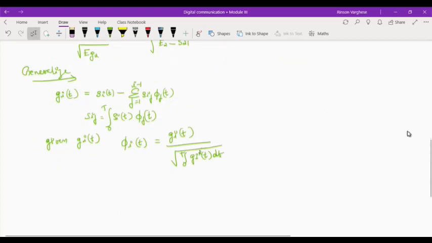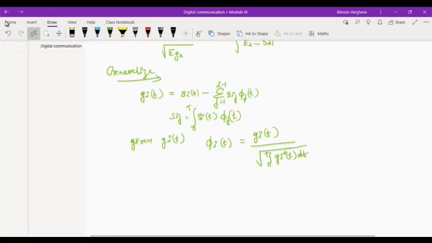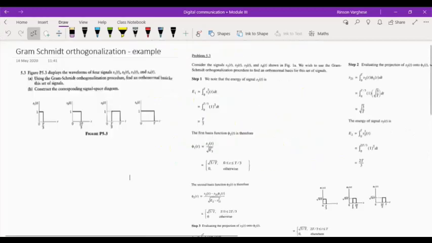Okay, now let us see an example of this. I have given you solutions for the previous question papers. In that I have worked out all these examples, and 2-3 examples are there. This is taken from your textbook, Haykin, Digital Communication.